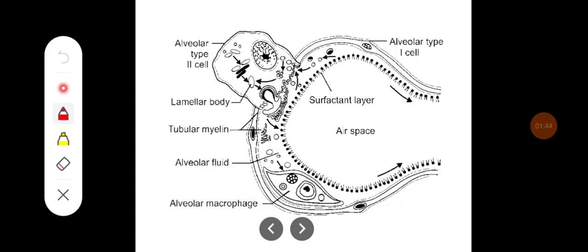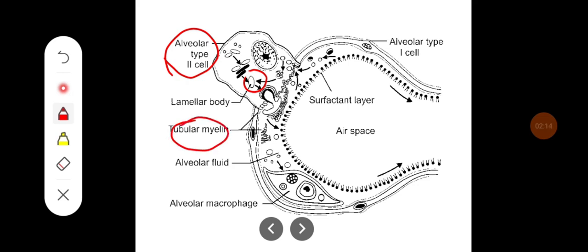This is the diagram showing the synthesis of surfactant. It is synthesized in the alveolar type 2 cells, where they are mainly the phospholipids containing structures which are called laminar bodies, and these laminar bodies are exocytosed from the alveolar type 2 cells, and then they later form the tubular structure which is called tubular myelin.